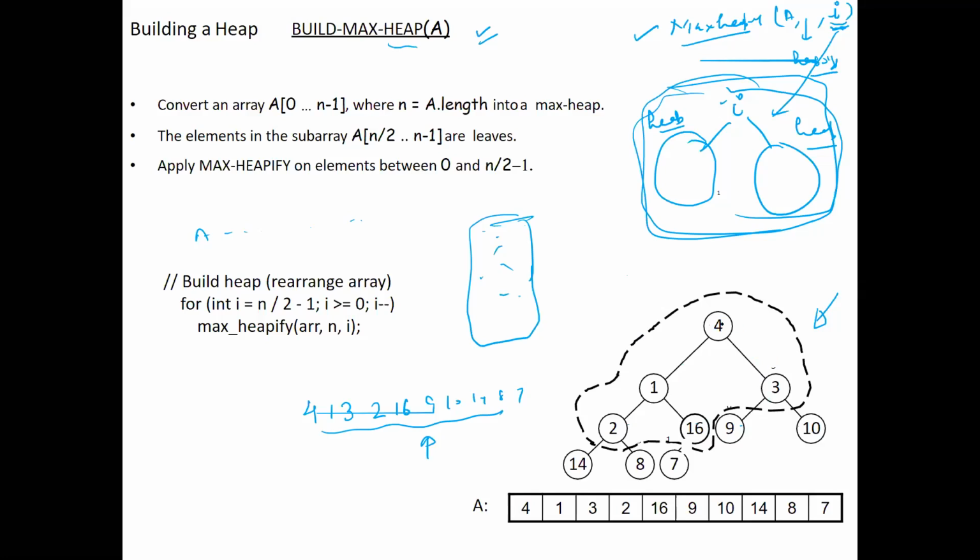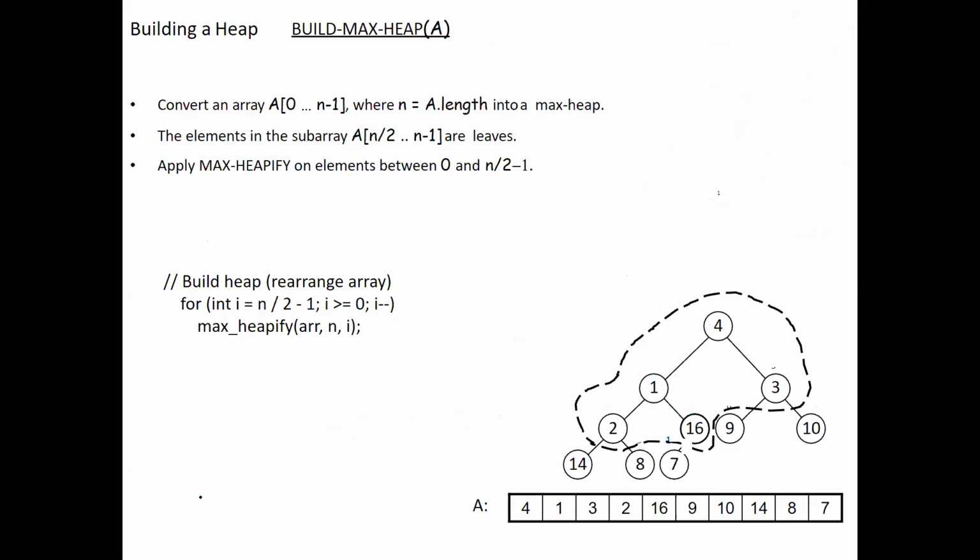If you carefully see, to the left of 4 is 1, which is fine, to the right is 3, also fine, so that is a max heap. But to the left of 1 there is a bigger value. Now this is not a max heap. The condition is violated here. To the left of 3 there is a bigger value. It is also not a max heap. Here the values are fine. So what is the purpose? First, given an array which you want to sort, build a max heap for it, which will fulfill all the properties of the max heap condition at every level.